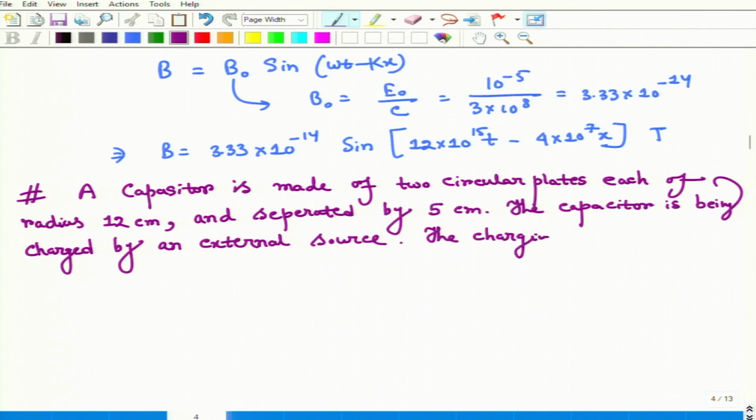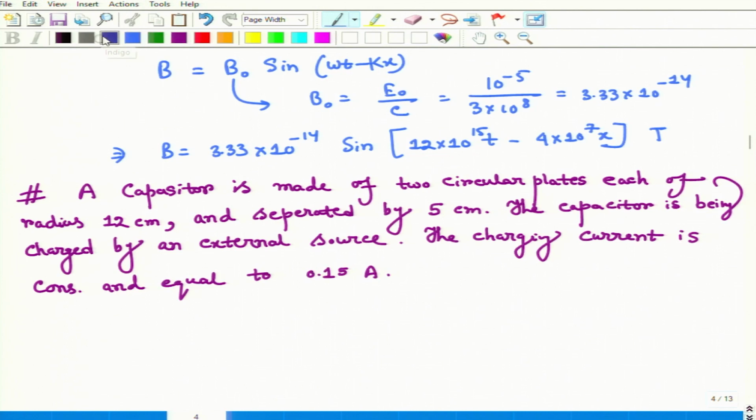The charging current is constant, okay. The charging current is constant and equal to 0.15 ampere. Okay, so what are the questions?